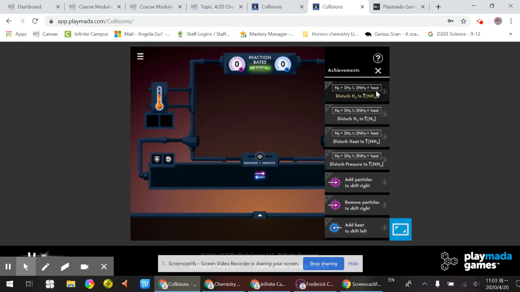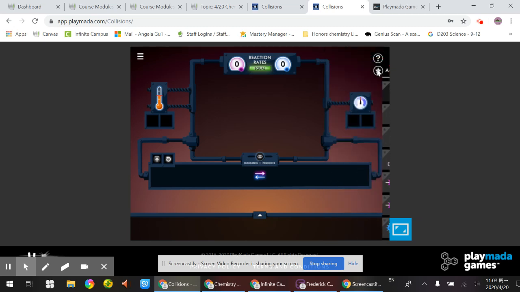For example, for this reaction, they want you to disturb H2 to increase the concentration of NH3. So how can you make more NH3 by changing H2? These are all the goals or targets that you can find. This will probably be very similar to a quiz or a lab that you will see in the future. All right, I hope this video is going to help you.